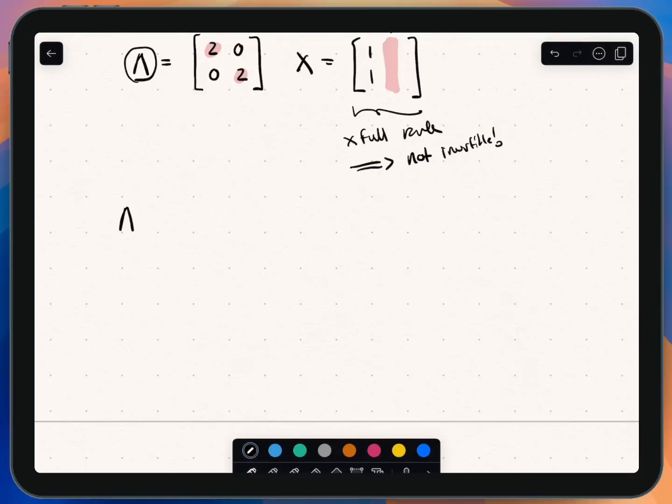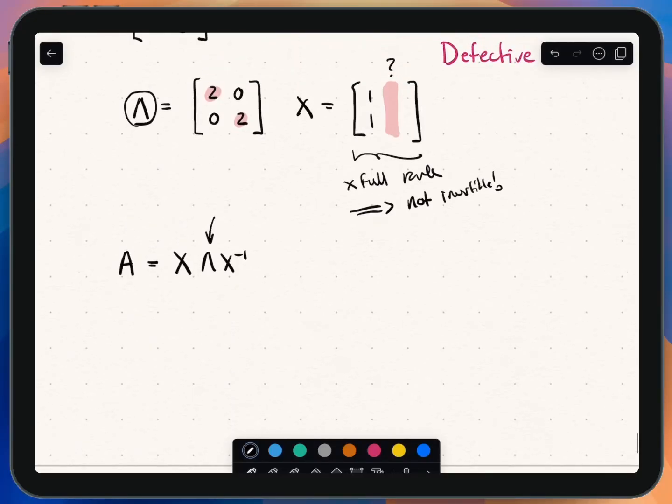So instead of saying just A is equal to X lambda X inverse, we're going to restrict ourselves not only to the diagonal matrices, but also to matrices with ones along the superdiagonal. So for example, if my matrix has a bunch of 2's here and a bunch of 0's, we might have 1's here along what we call the superdiagonal.